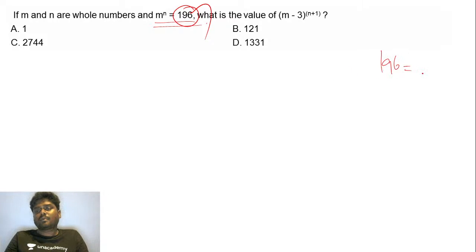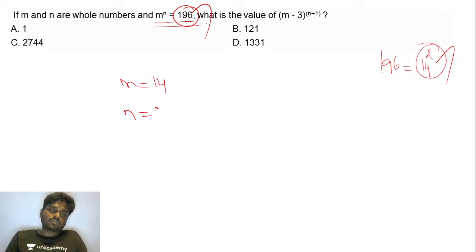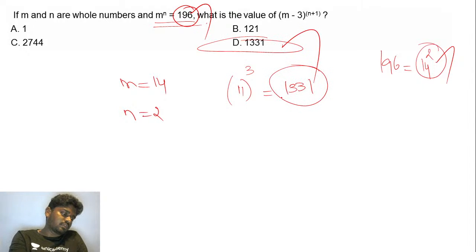How can you put it in the powers? You know the fact that 14 square will exactly give you 196. So it is understood that m is equal to 14 and n is equal to 2. Correct? You need to find the value of m minus 3, that is 14 minus 3 will be 11, and n plus 1. So 11 power 3 is ultimately option D, 1331. That's it. Very good, very good.